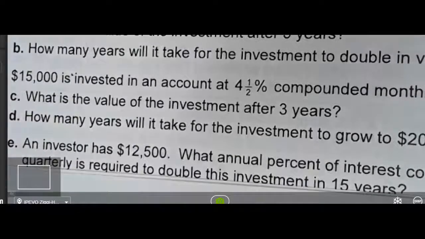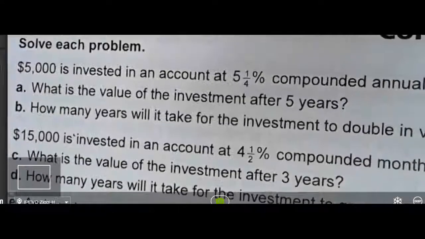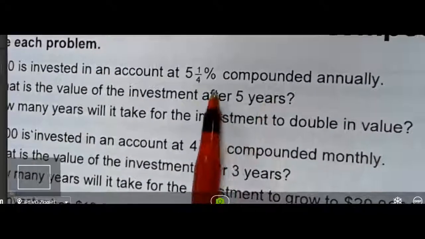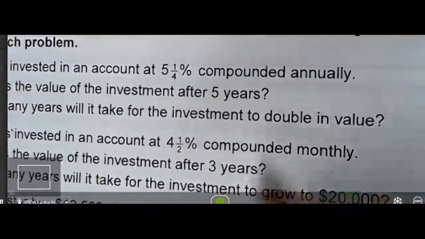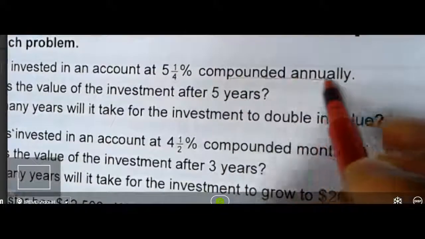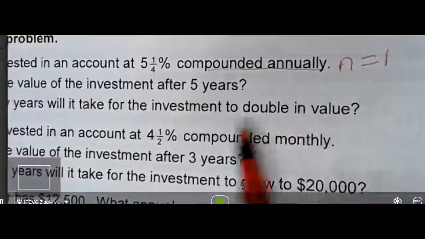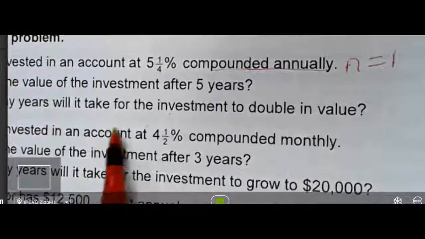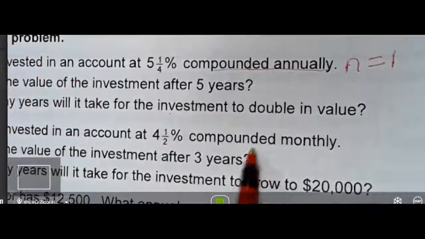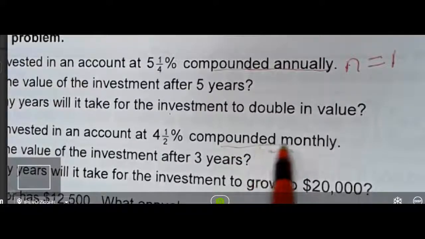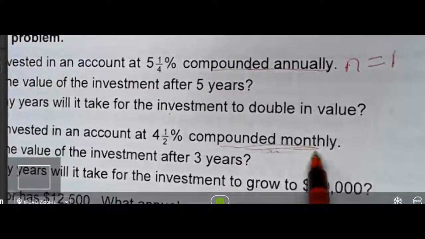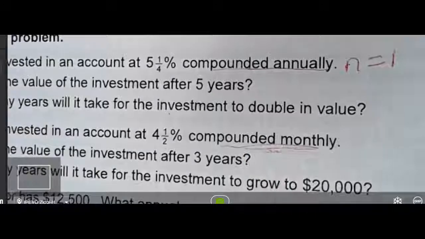If we look at this one, number A, it says that this is compounded annually, so it's once a year. So your n is going to be 1. This one is compounded monthly. If it's compounded monthly, it means every month. So how many months are there in a year? 12.